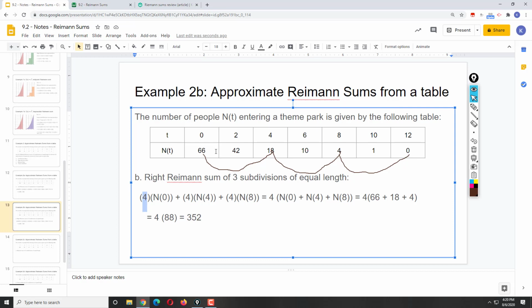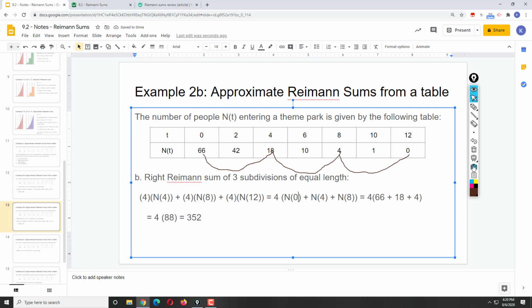The difference is, for the left Riemann sum, in the interval 0 to 4, we use n of 0. For the right Riemann sum, we use n of 4. For the second interval, 4 to 8, we use n of 8. For the last interval, 8 to 12, we use n of 12.